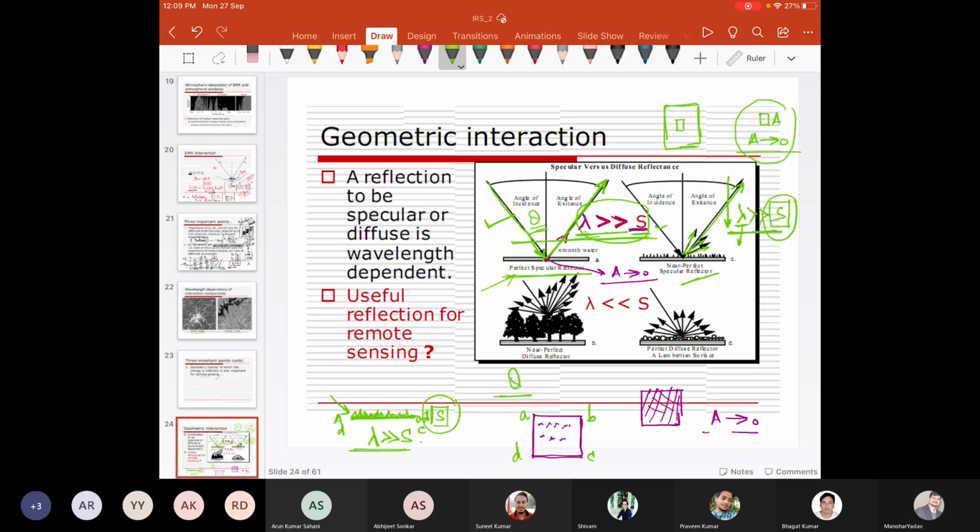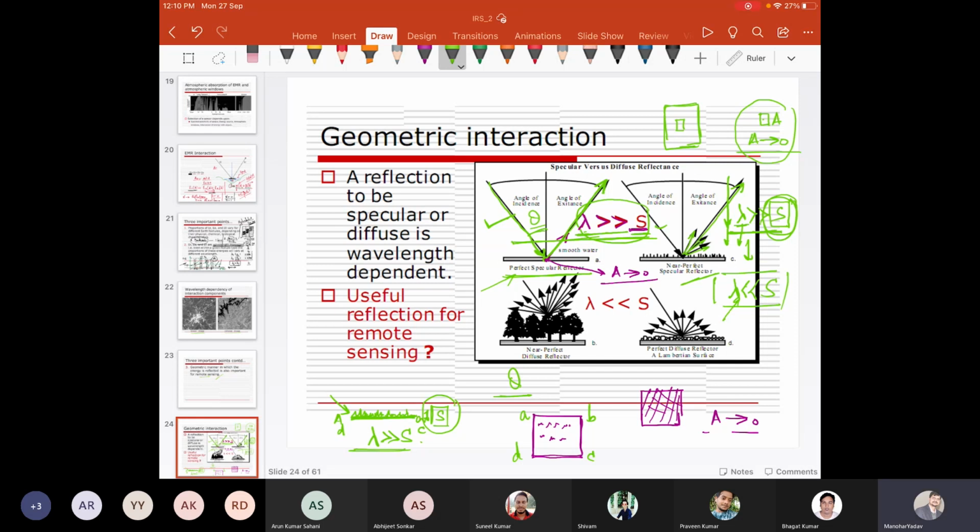Now further, for the same material, I'm not changing the material, but you keep on decreasing the wavelength until this inequality is satisfied, where the wavelength is very small compared to the surface roughness.